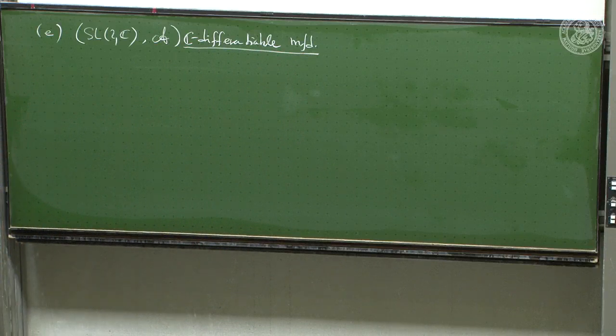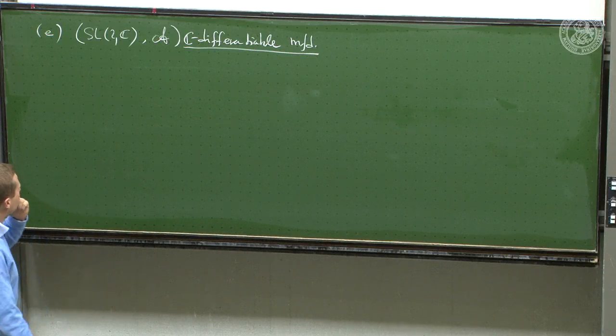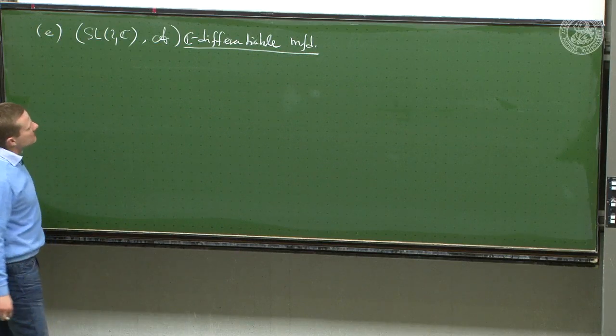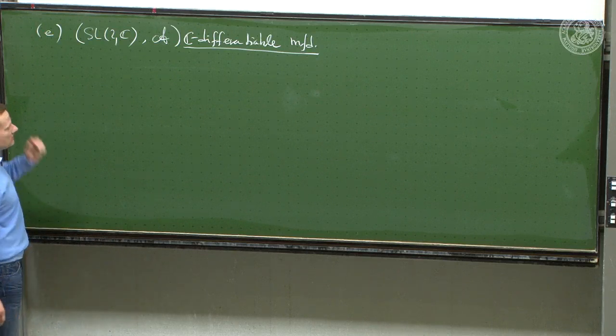So far we constructed maps from the manifold into charts. But in order to do differentiability, we need to see whether our charts allow smooth or C-differentiable transition maps.